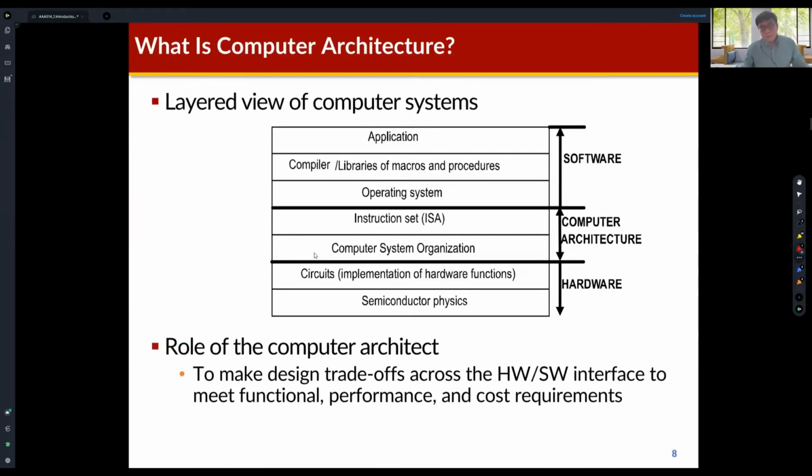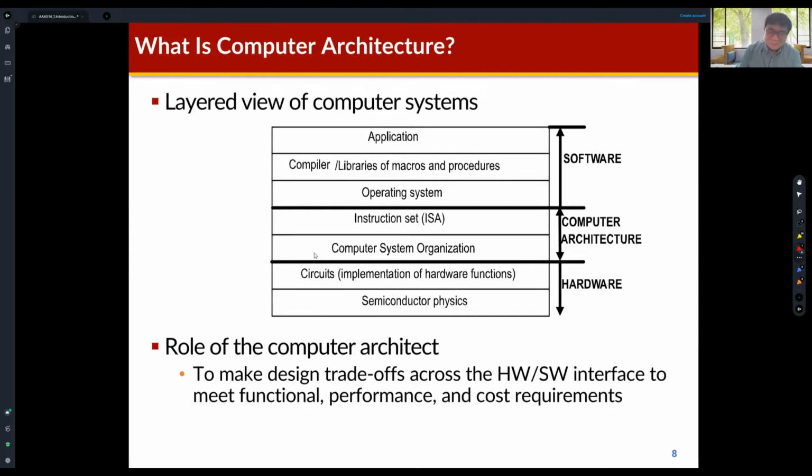This is another figure of the computer system layers. I copied this figure from the textbook Parallel Computer Organization.